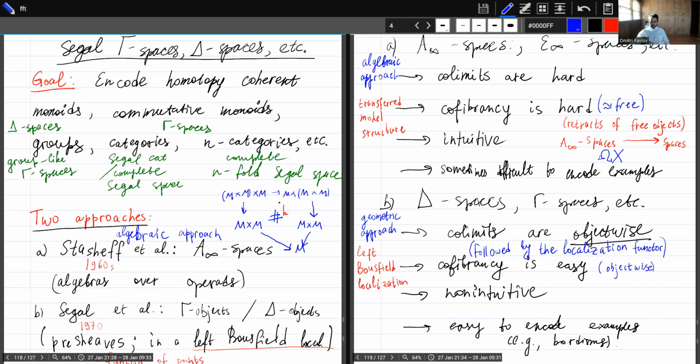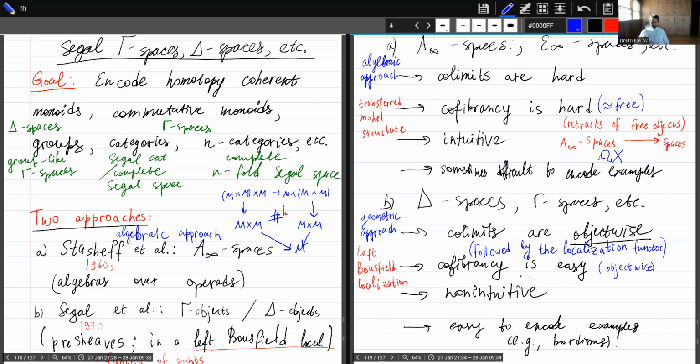Are the limits in both approaches easy? Yes. Limits in both cases are easy, which is why I didn't mention them. But in both cases, limits or homotopy limits will be computed object-wise. So in the algebraic setting, limits and homotopy limits will be computed on the level of underlying objects. Here the forgetful functor preserves limits, or respectively homotopy limits.